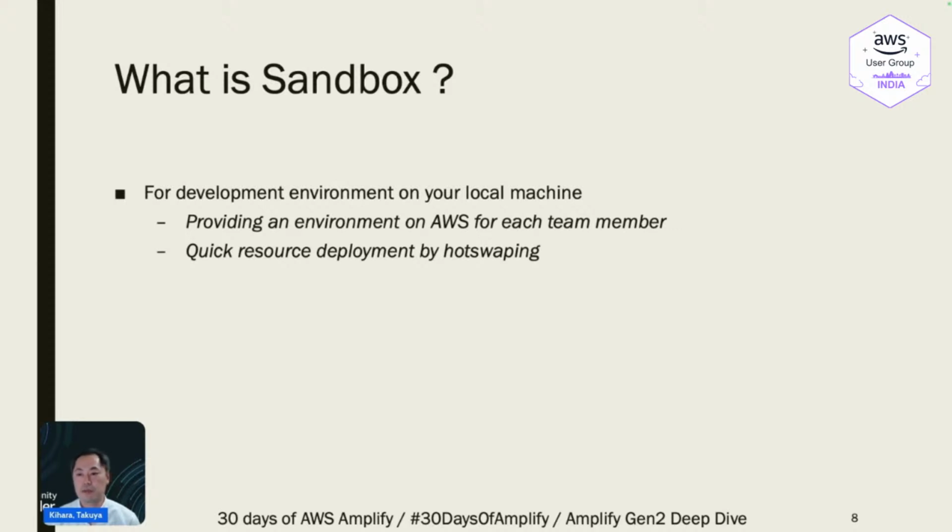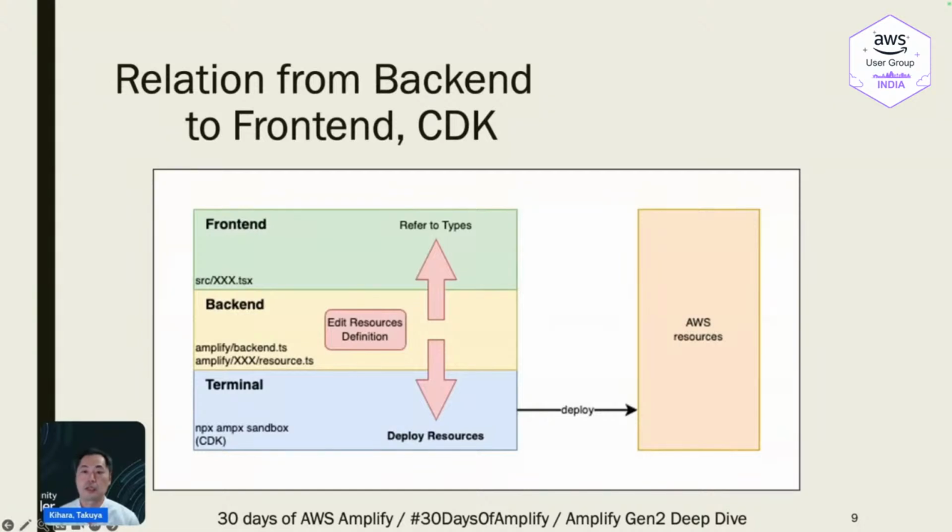Let's look at a simple figure of a sandbox. It's a very simple figure. First, we update the backend resource file. Then we can immediately reference the type from the frontend. At the same time, the sandbox command runs the CDK and deploys the resources to AWS.